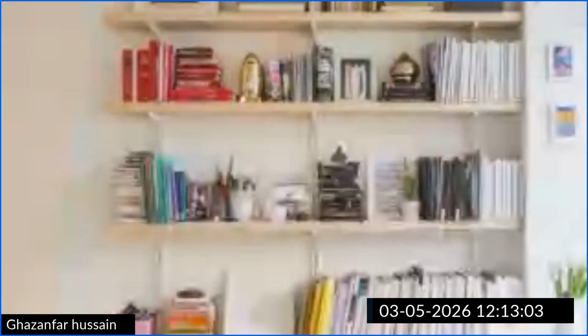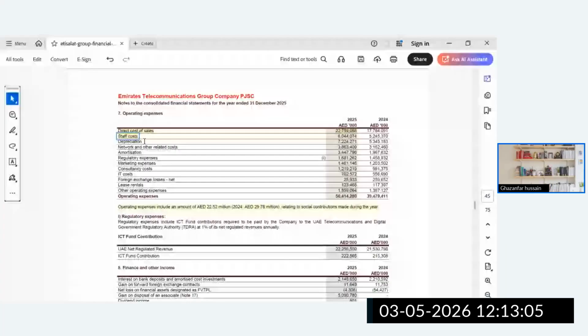Just below the staff cost, they have already given the depreciation. Here we have multiple fields. All the fields we cannot plot in the corporate tax return. So whatever they are asking or requiring, we will add over there, and then the balancing figure will pop up.